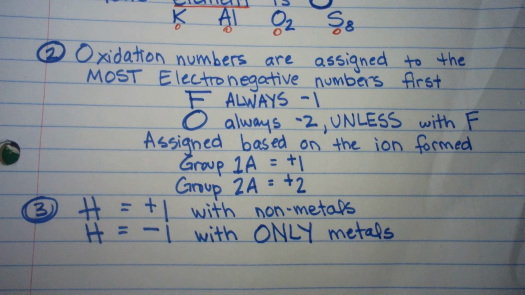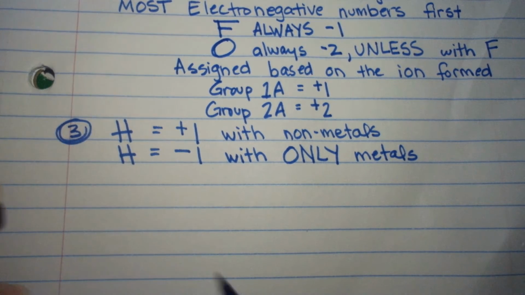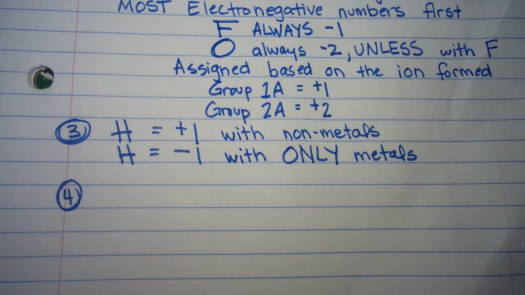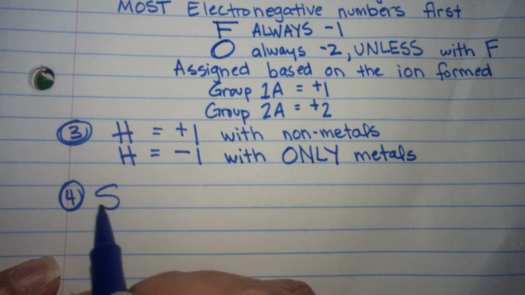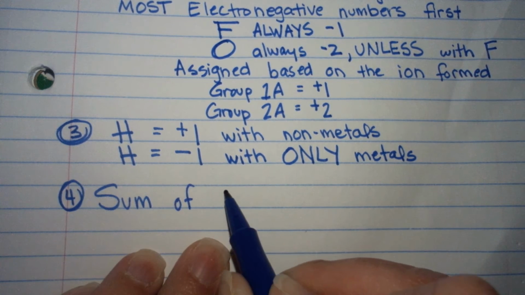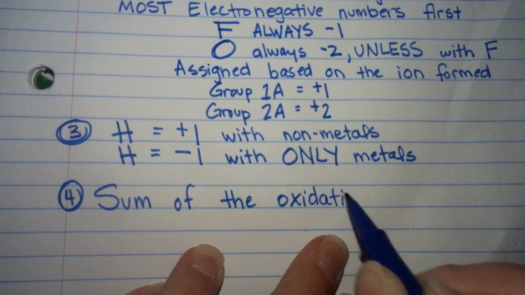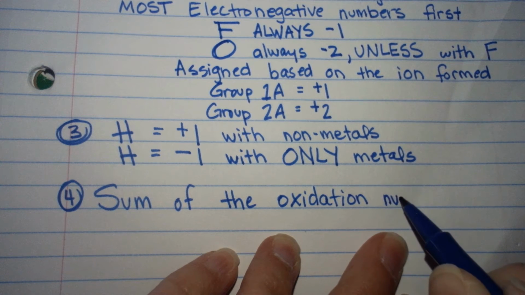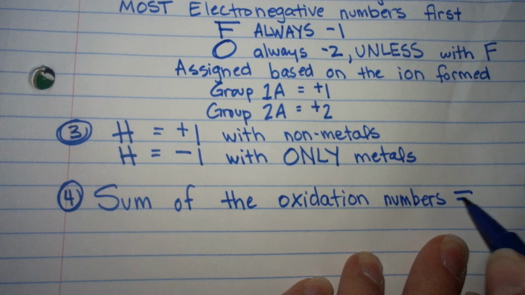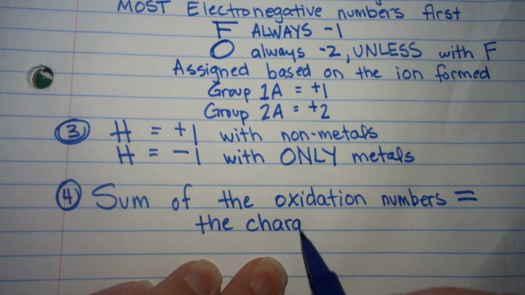Alright. Last rule, number 4. The sum of the oxidation numbers equals the charge of the molecule.